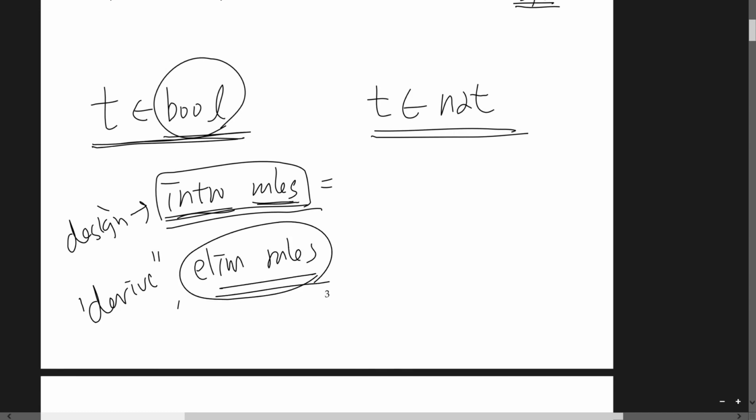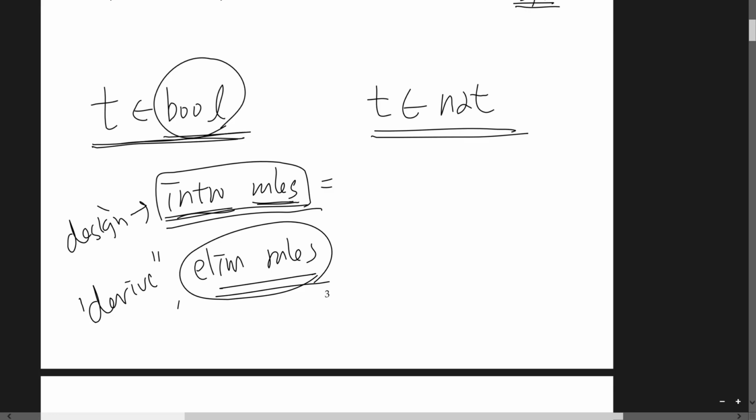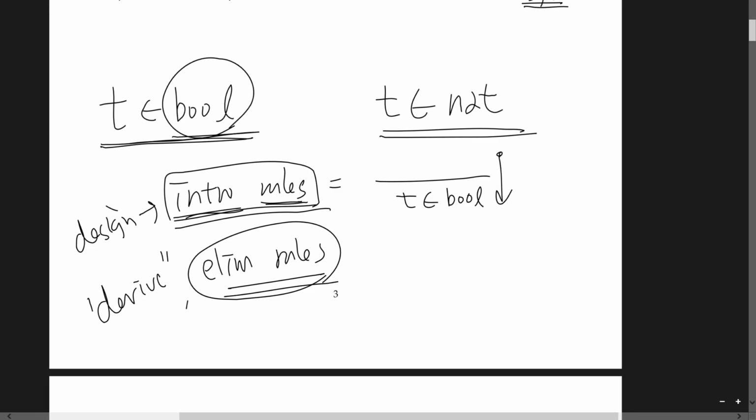Elimination rules state how to exploit an existing judgment of this form. So introduction rules take this form. Some t has a type bool. When you read this rule top down, you end up introducing this bool. So it tells us when we can actually deduce this judgment.